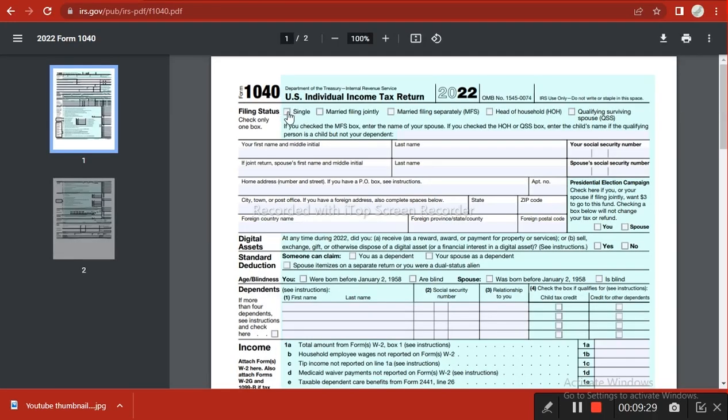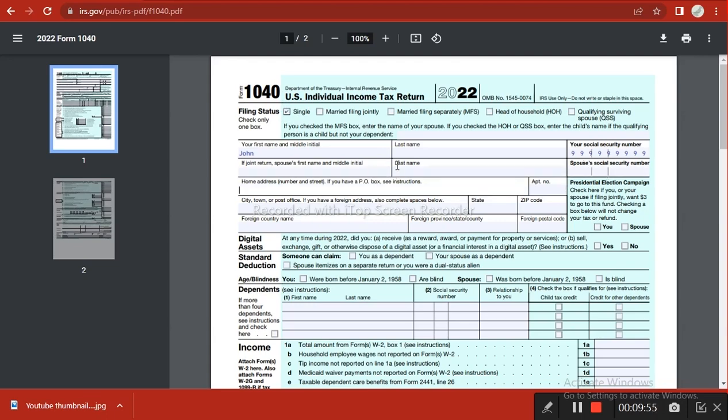So here is single, Johnson, John. After that is the social security number. He doesn't have a spouse, he is single, so it will be left blank.